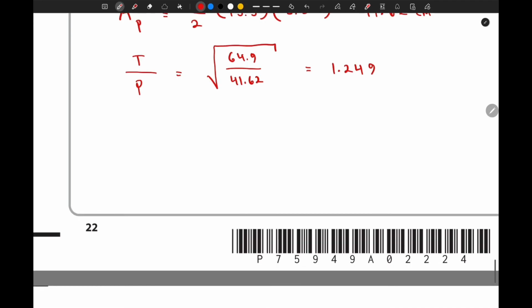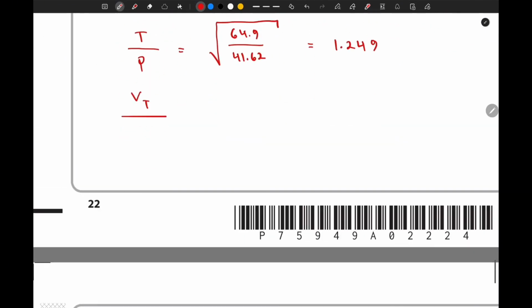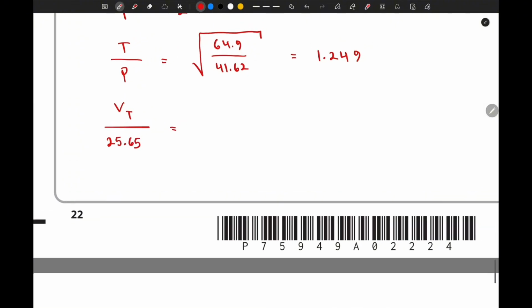Now we can say that the volume of shape T divided by the volume of shape P, which is 25.65, is equal to the scale factor, which is 1.249. Since we're talking about volume, the scale factor would be cubed.